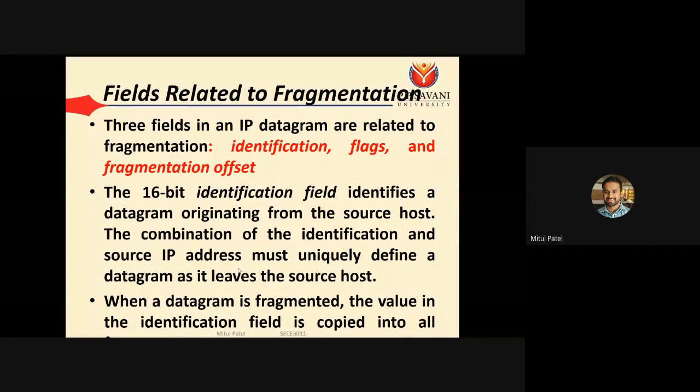The identification value which the source decided is copied to all fragments. જેટલા પણ fragment આપણે create કરીએ તો બધા fragment માં we need to copy this identification field, so that at the receiving side we can identify that all these fragments belong to this single packet.